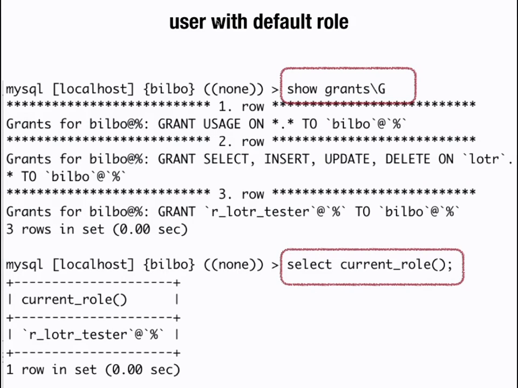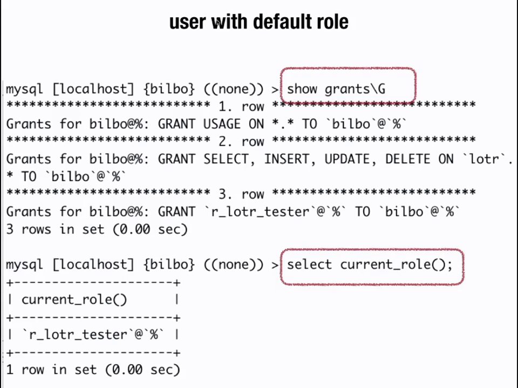Let's go to the other side and try from the point of view of the user that has been assigned a role. Let's see the user Bilbo when the default role exists. We do a show grants. You can do show grants for your own grants.